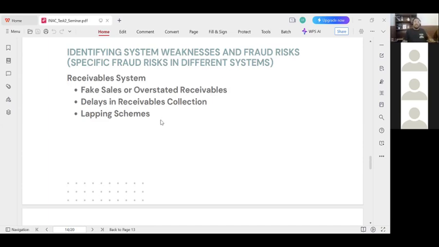There is a manager, and the manager is given a certain target, and this month is year end, and if he hits the target, he gets a bonus. Otherwise, he won't be getting the bonus, right? So what he would do is place some fake sales to hit the target.